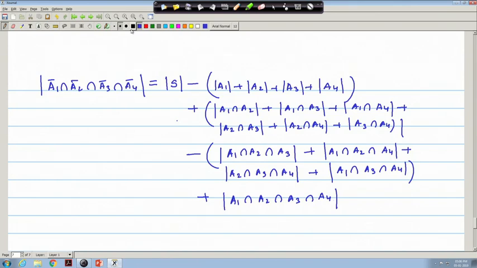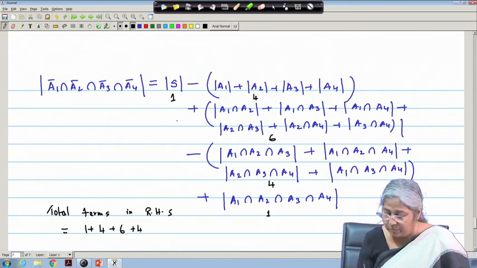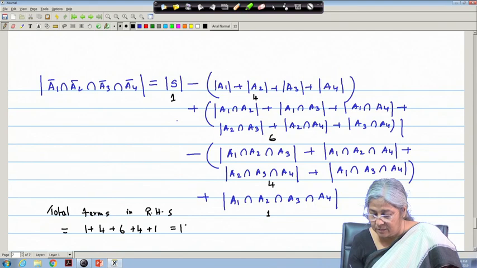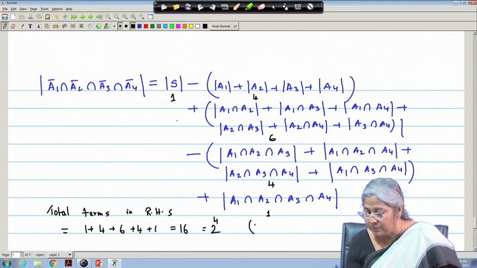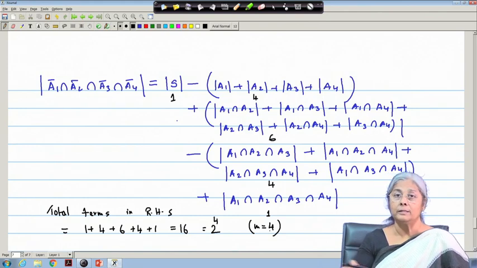So, I have here 1 term, here I have 4 terms, here I have 6 terms, here I have 4 terms and here I have 1 term. So, total terms is 1 plus 4 plus 6 plus 4 plus 1 is 16, which is 2 to the power 4 since m equal to 4.